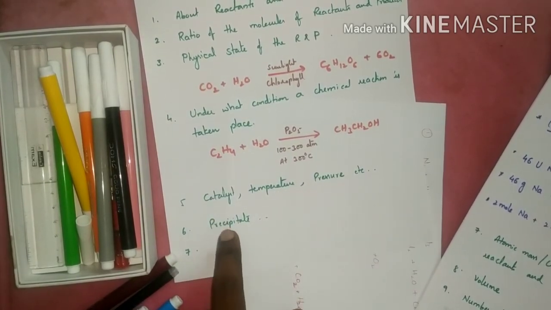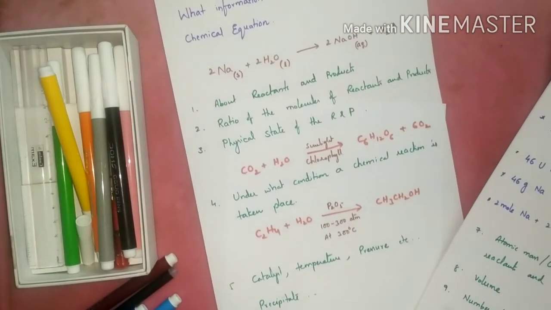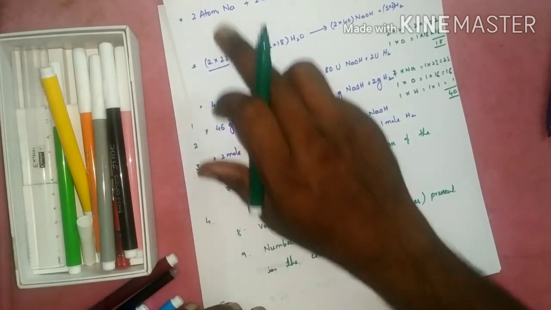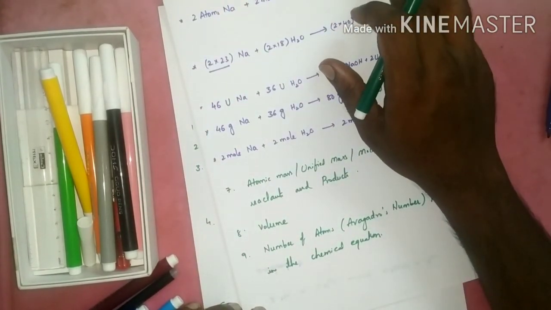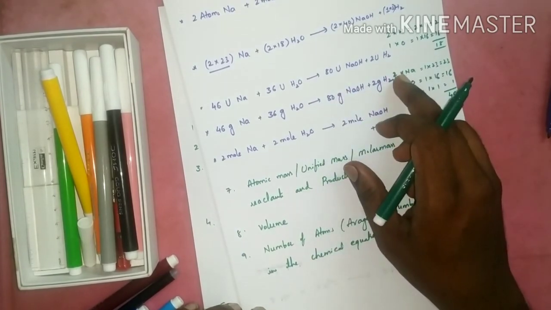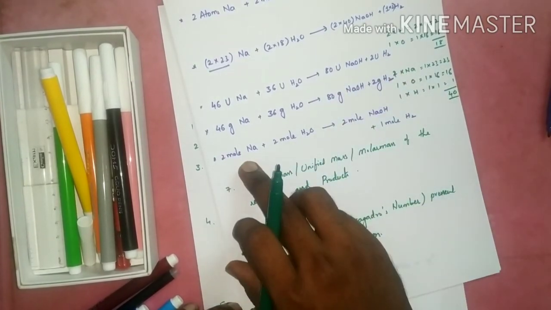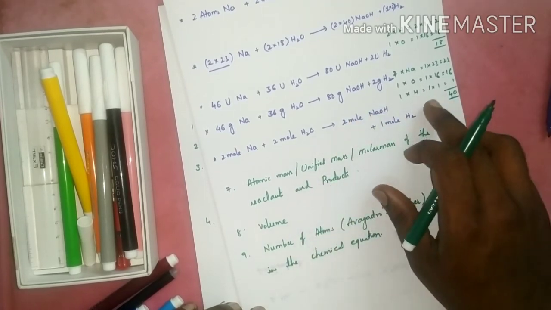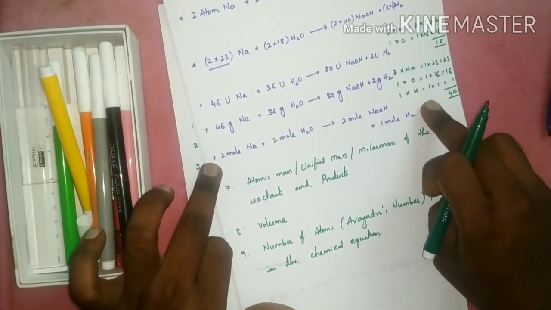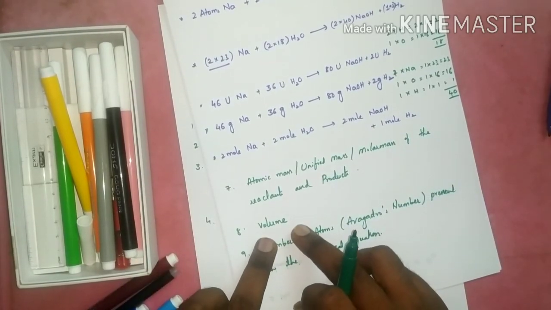It can say the formation of precipitates. It also can say the unified mass of the reactants and products, the mass of the reactants and products in grams, and the molar mass or the number of moles of the reactants and products. When you know the number of moles, you also can say the volume of it.